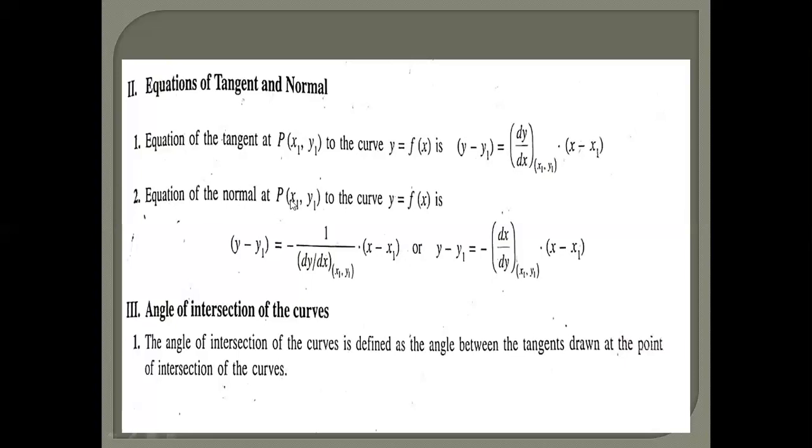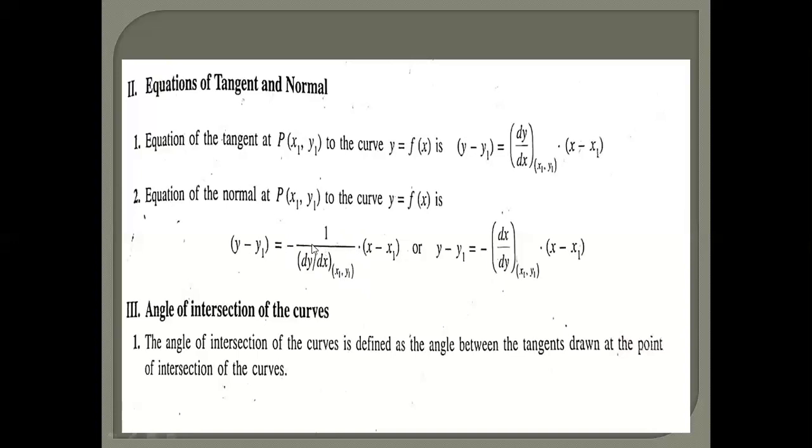Next, equation of the normal at P x1 comma y1 to the curve y is equal to f of x is. This is also same, but because of normal, we should take the slope as minus 1 divided by dy by dx at the given point. And the equation is of the same form, slope point form.